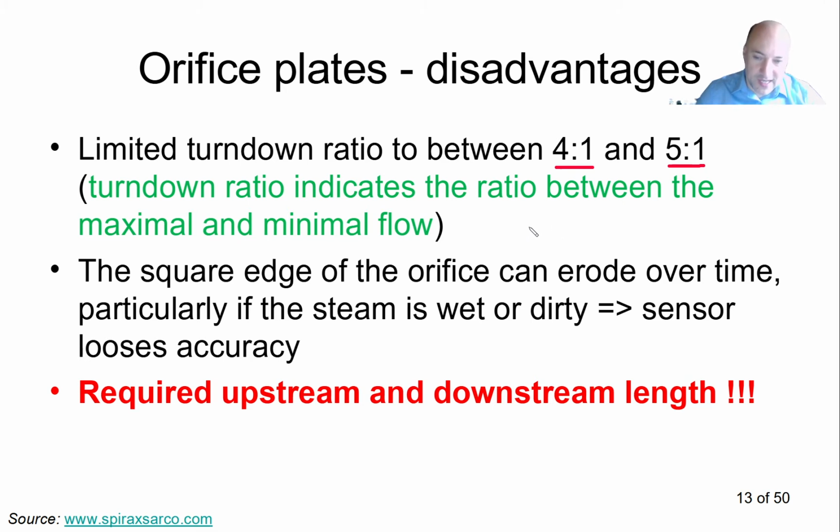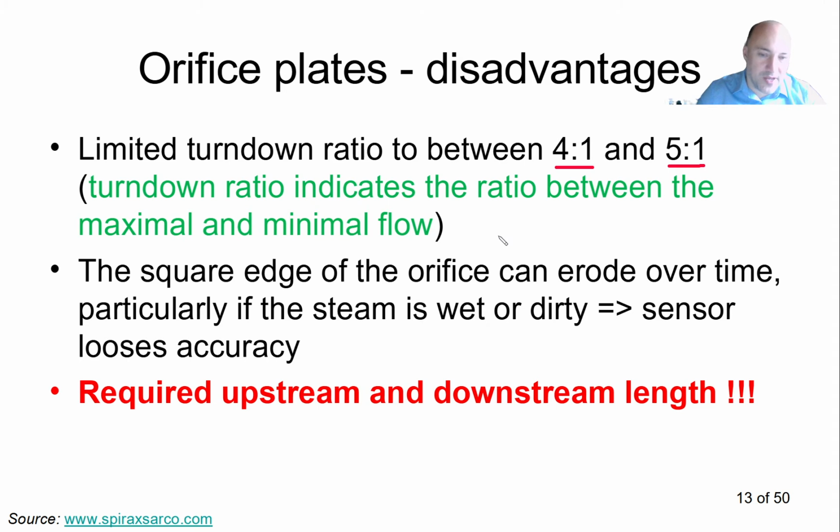So it is telling me if I have some specified minimum range, then what will be approximately my maximum range that I can measure. In other words, it means that I cannot measure from zero flow to some very large flow rates.